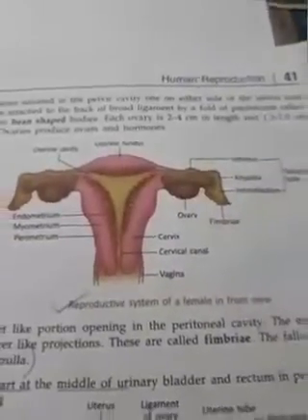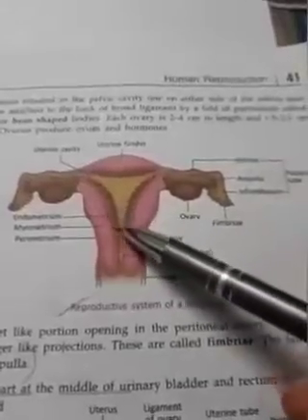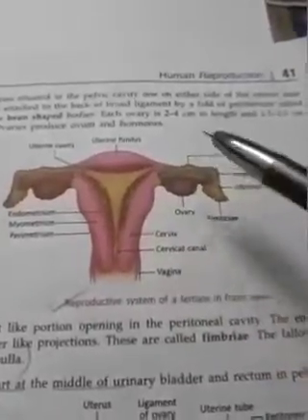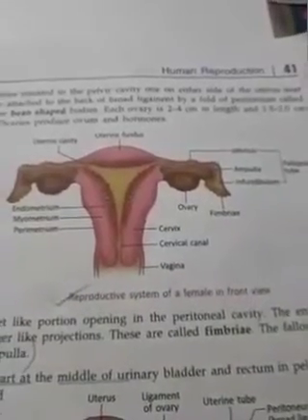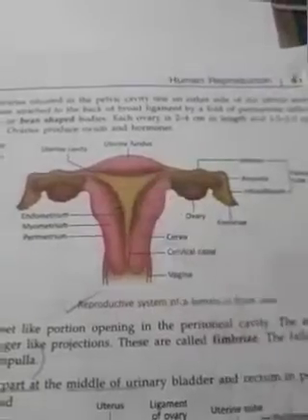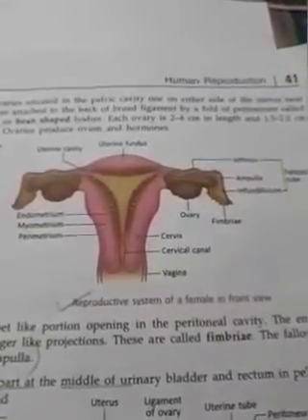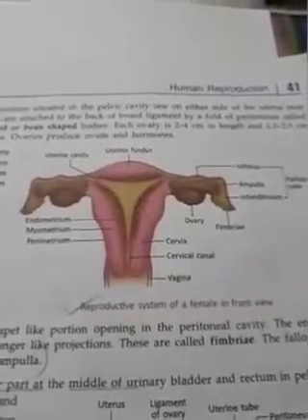If the ovum is fertilized by the sperm, it will be implanted within the uterus on these layers of tissue. These tissues act as a nutritious bed-like structure for the growing ovum.